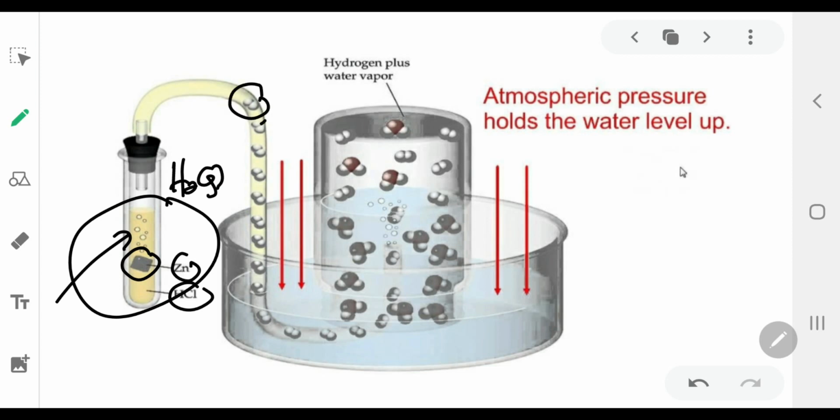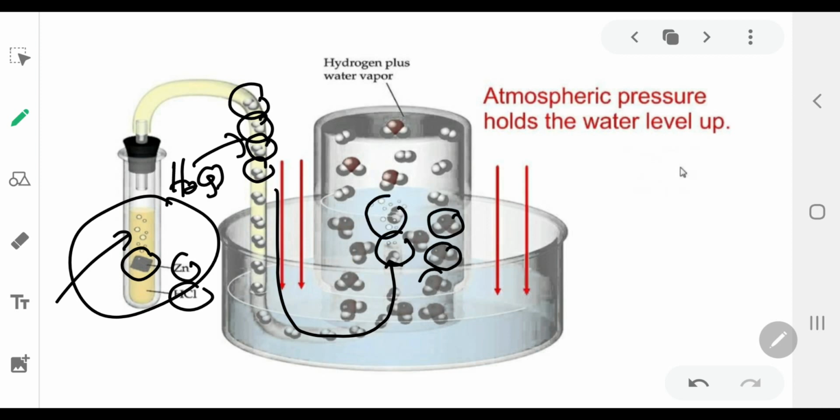All of what you see here are H2 molecules. When those H2 molecules travel upward to that end of the tube, you can see the gas bubble.